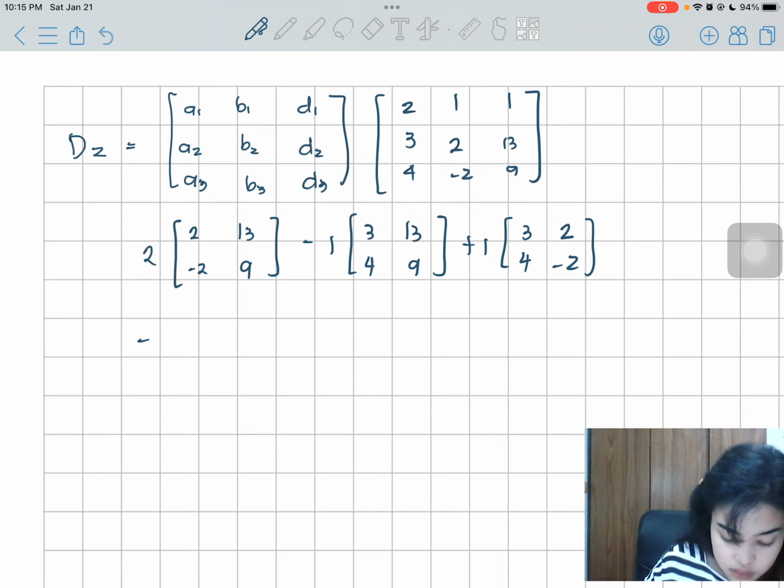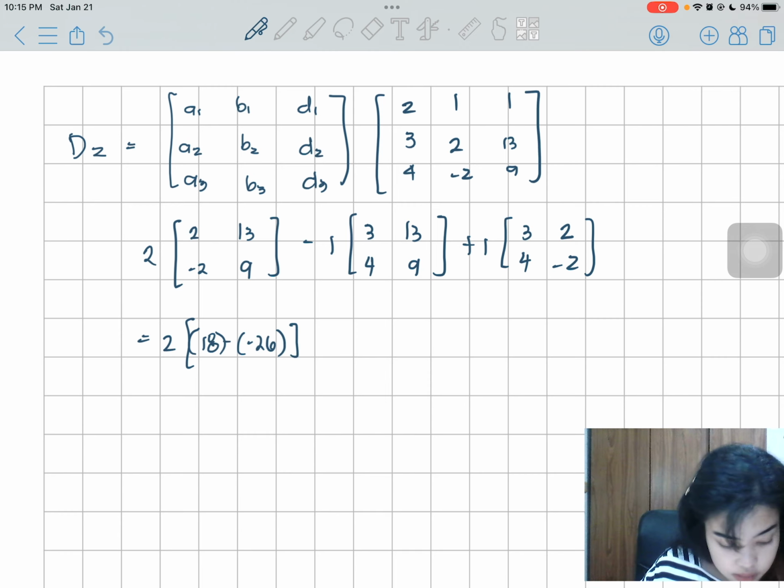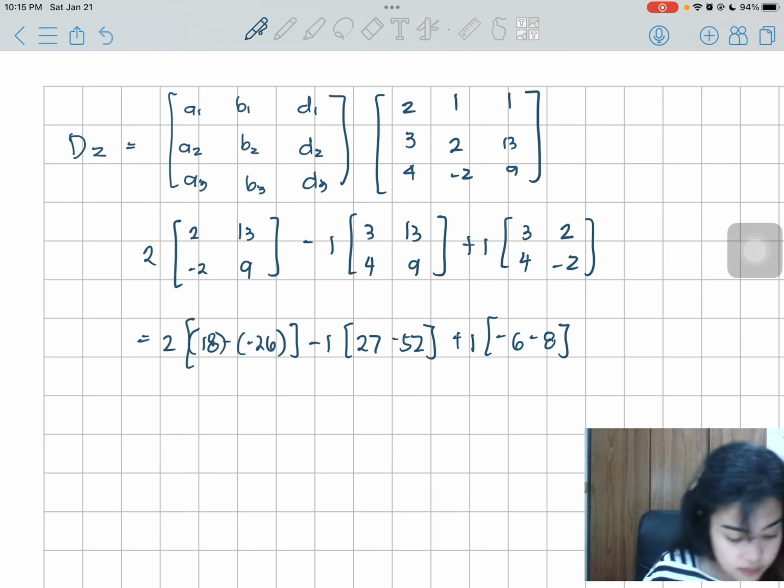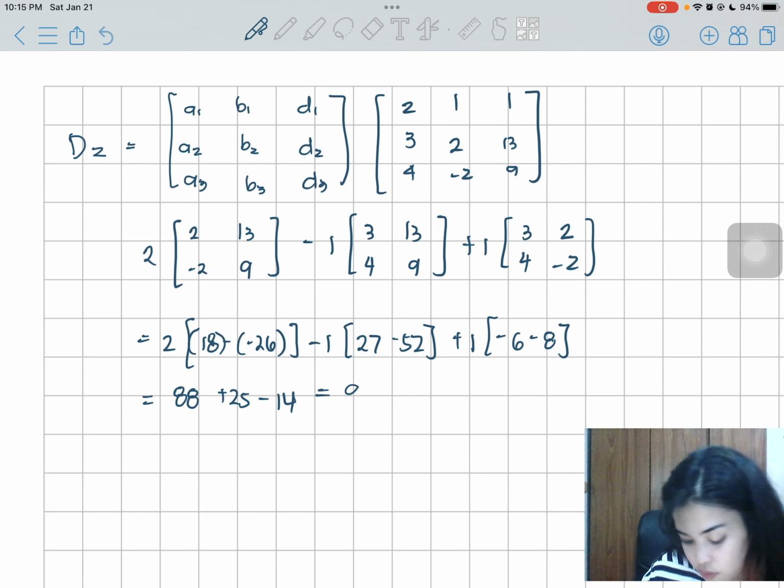So we have 2 times the determinant of 2, negative 2, 13, 9, minus 1 times 3, 4, 13, 9, plus 1 times 3, 4, 2, negative 2. So it equals 2 times 18 minus negative 26, minus 1 times 27 minus 52, plus 1 times negative 6 minus 8, and then we'll get 88 plus 25 minus 14 equals 99.